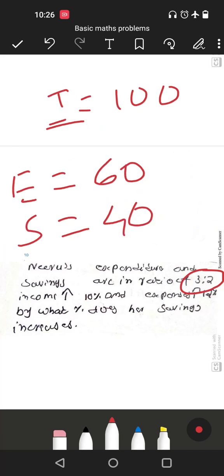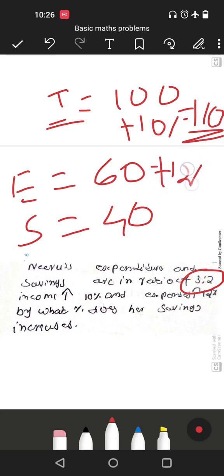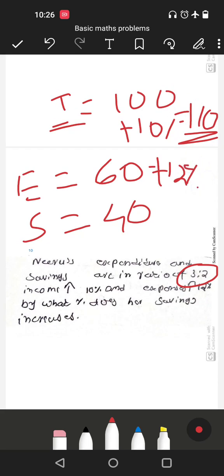Now in her income there is an increase of 10%. So that means her income is becoming 110 now, and her expenses are increasing by 12%. This 12% is on 60. So what is 12% of 60? That will become around 7.2. So 12, 6 are 72.